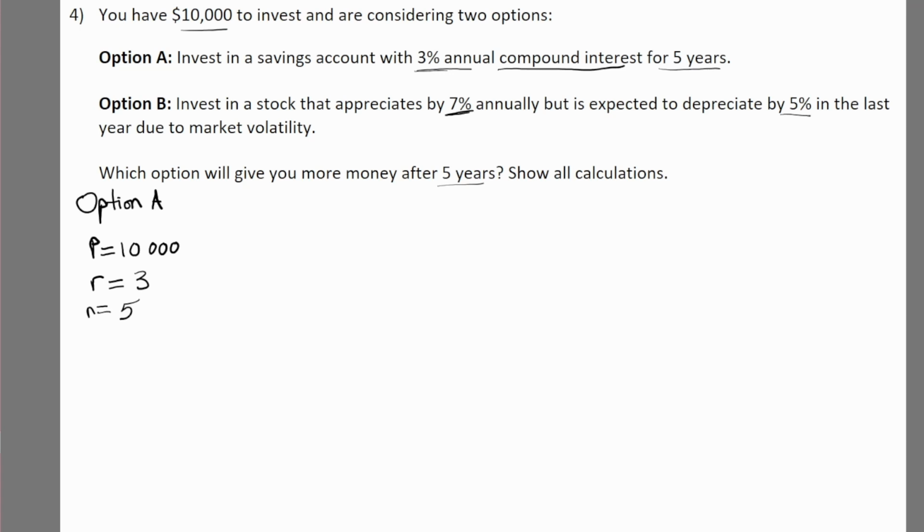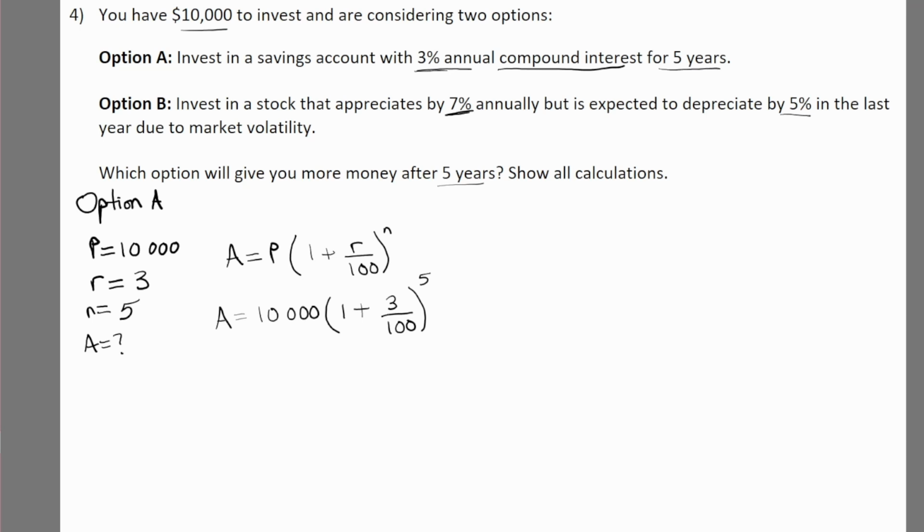All right, and of course I want to know the final amount of money I will have. So now I'm going to go ahead and write the rule for compound interest, which is A, the final amount or the total amount, is equal to the principal amount multiplied by 1 plus R over 100 to the power of N. And A is equal to 10,000 multiplied by 1 plus 3 over 100 to the power of 5.